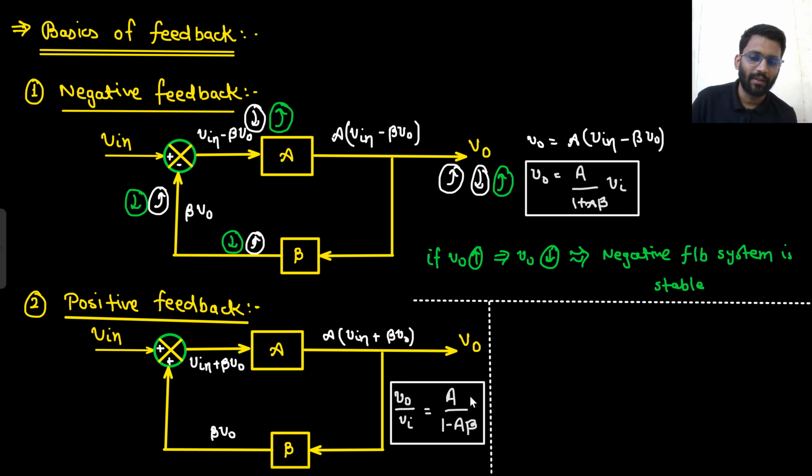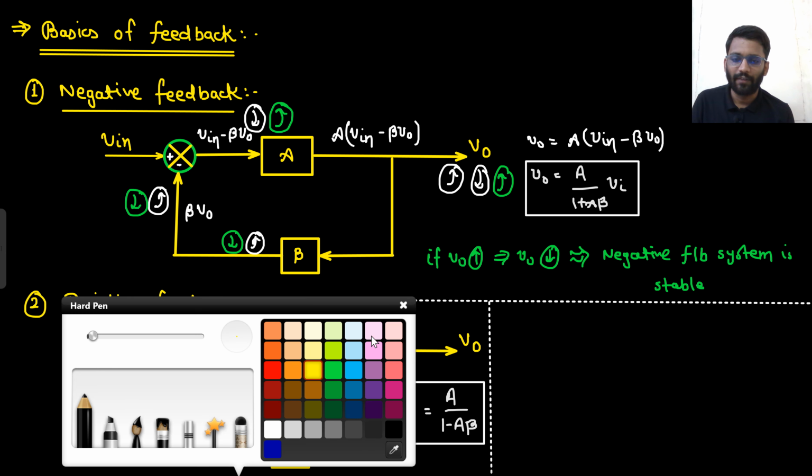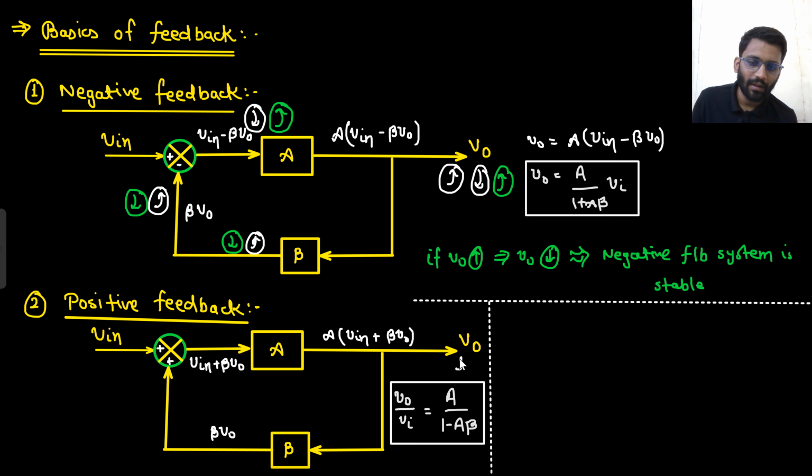So in positive feedback, what happens? If I am increasing my V naught, if this increases, then what will happen? This will increase. Since this is being added, this node will increase. Now if this node is increasing, then this node into some positive gain, so this node is also increasing.